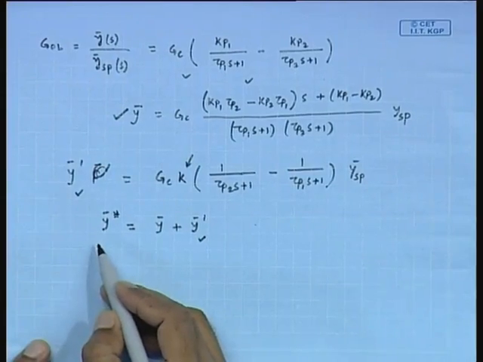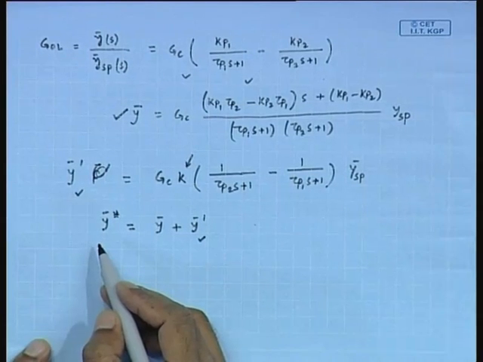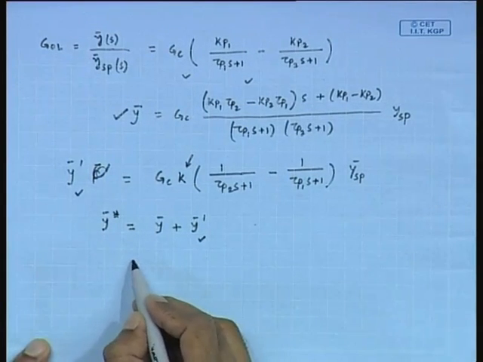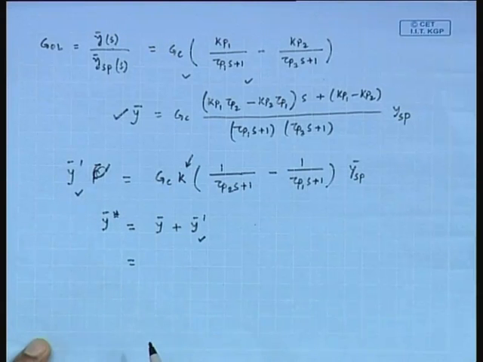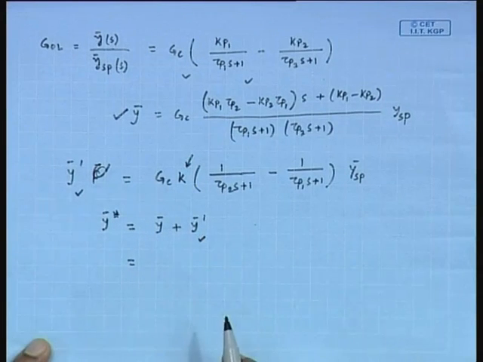Anyway, now what is the ideal response? What should be the ideal response? Y star. Now we can calculate this y star, substituting the expressions for y and y prime.